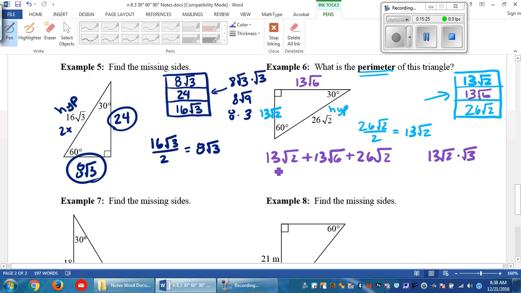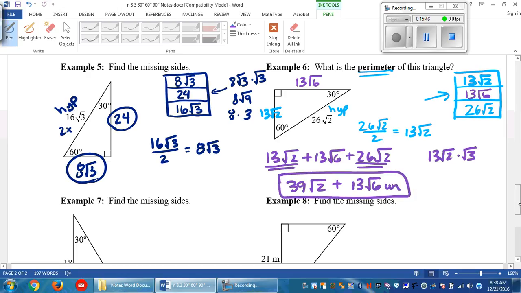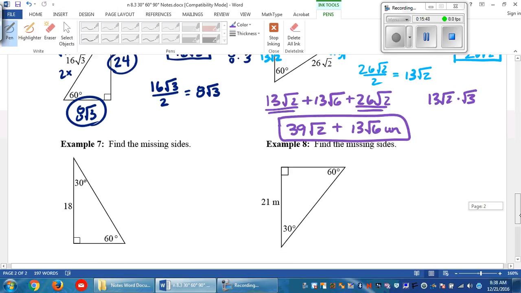What can be combined? The first term and the last term. Add them up, and we get 39 root 2 plus 13 root 6. There's no unit, so we'll just call it units at the end. Not like the last question when they told us it was centimeters.